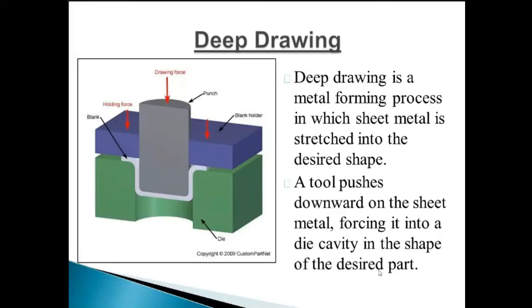In that there is one sheet which will be put on your lower die, and for that purpose we are using a blank holder to hold the sheet metal. After the holding of the sheet metal, we apply the forces with the help of your punch. Due to the application of forces, it will get the desired shape of the cavity without cracking, and that operation is nothing but your deep drawing operation.